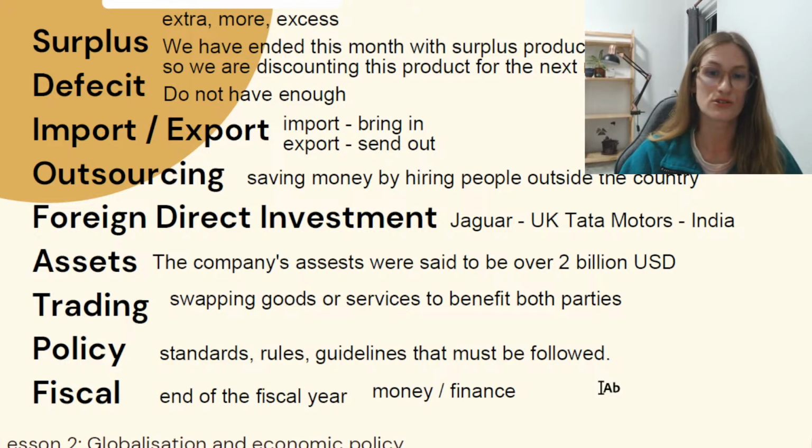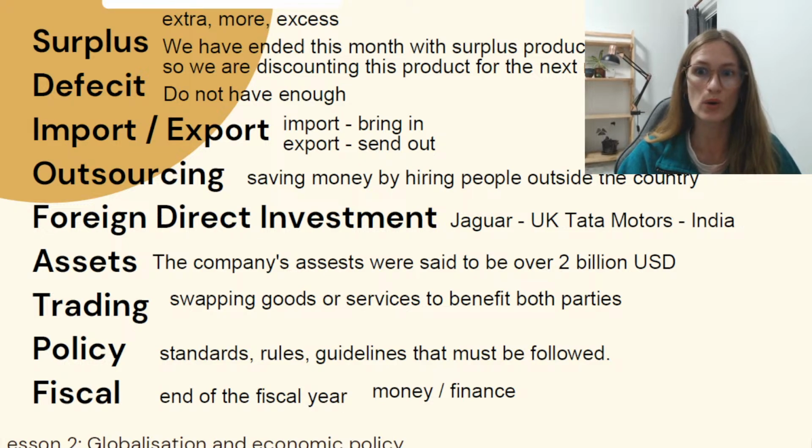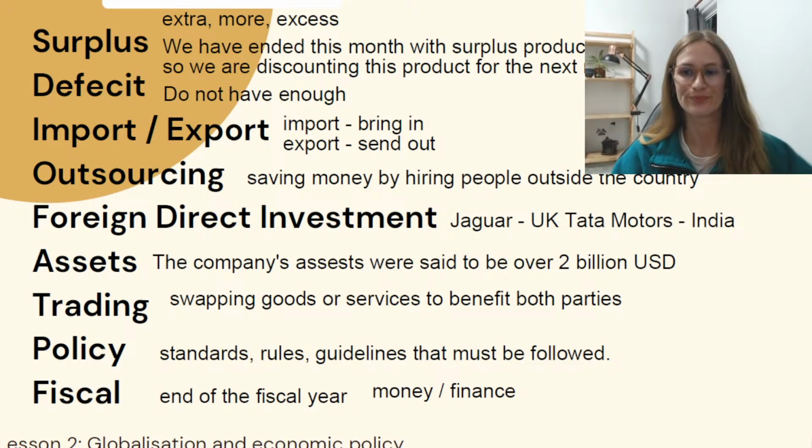Looking at a fiscal strategy or plan just means the money, the plan, the budget, the finances for that year, for that period. That's all it means. Anything you see that has the word fiscal, it's relating to finances and budget and money going through a company.